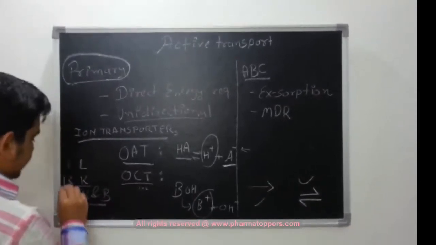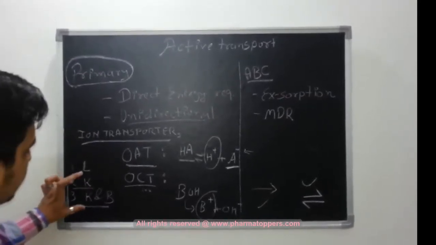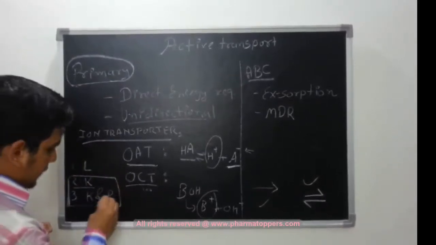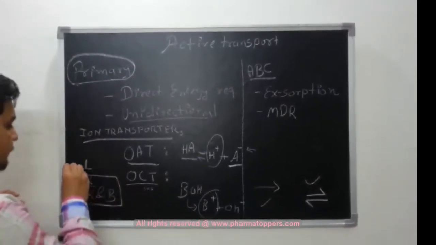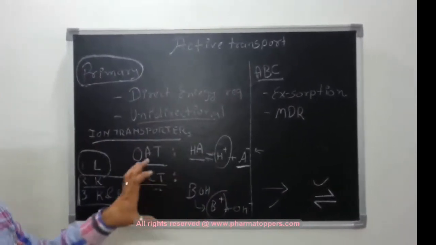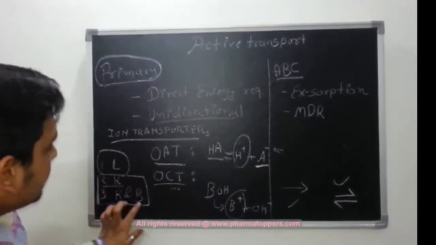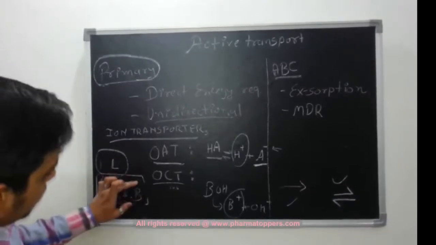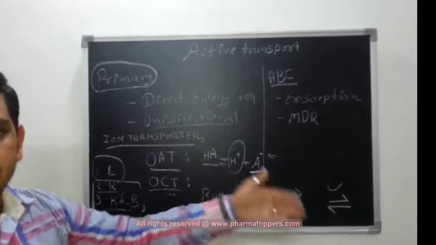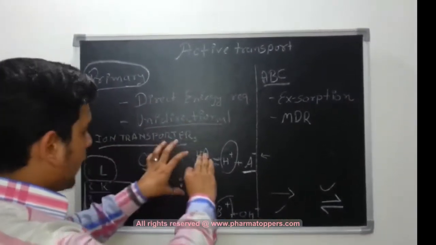Type 2 and type 3 are mainly responsible for renal excretion of the drug, while type 1 is mainly responsible for the metabolism of the drug, which takes place in the liver. Type 3 is also present in the brain, so it helps in transport through the blood-brain barrier. So this is all about the ion transporters.